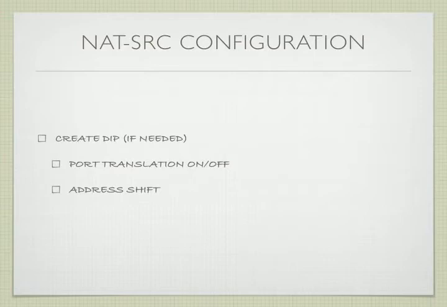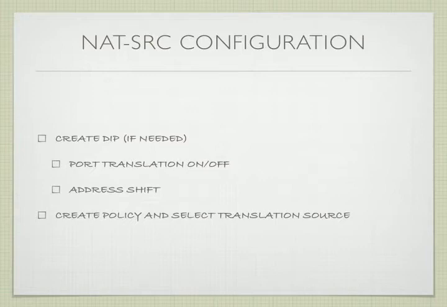When you create the DIP, you will need to choose whether or not you're doing port translation or address shift, and you will do this on the egress interface. After that's done, you simply go in and create the policy. So if you're not using a DIP, if you're using egress interface, you go right to policy creation. Egress interface is selectable without any special configuration necessary.